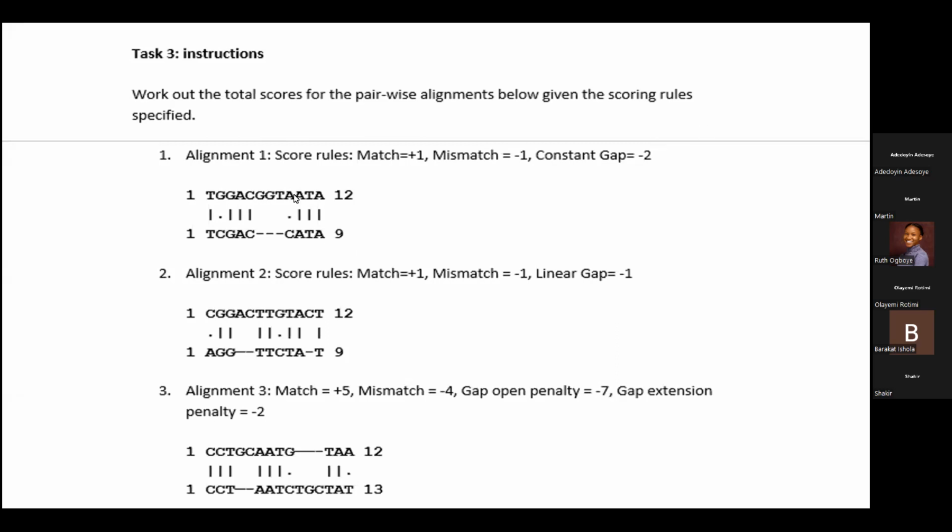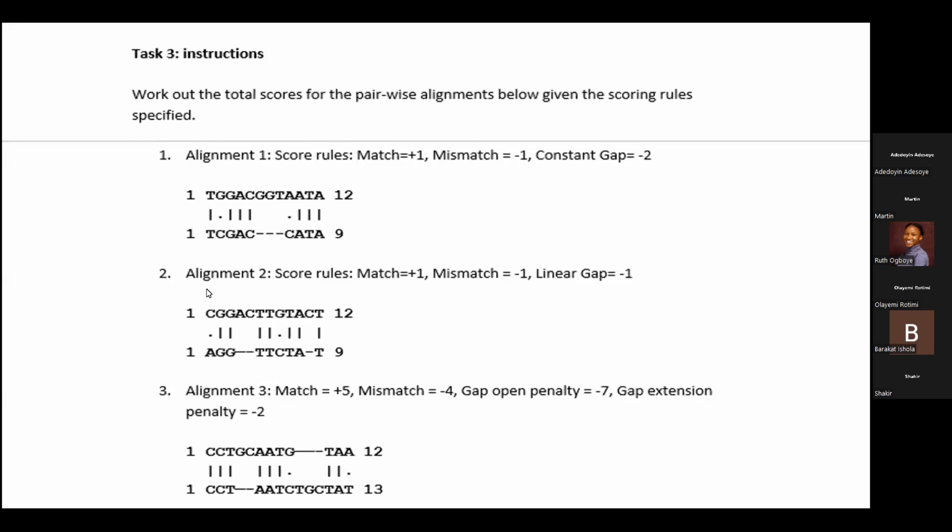So the gap penalty is -2. So we have 5 minus 2. The answer is 3. I can see that quite a number of us got that correctly. Okay, so we're moving on to the second one. Does anyone have a problem with the first one I just solved? Are we fine with it?